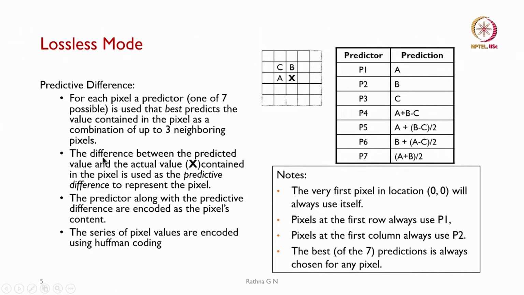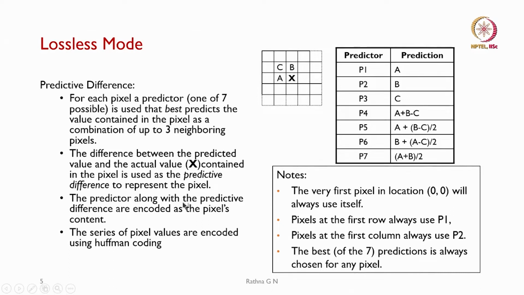The difference between the predicted value and the actual value x contained in the pixel is used as the predictive difference to represent the pixel, instead of directly sending the value of that pixel. We compute the predictive difference so that the number of bits needed to represent it is less.